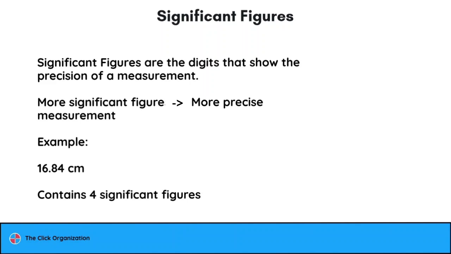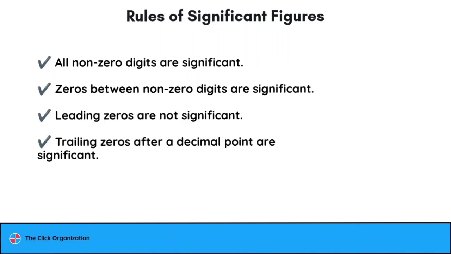Let's look at the basic rules of significant figures. The first: all non-zero digits are significant. Second, zeros between non-zero digits are also significant. Third, leading zeros are not significant, which means zeros before the first non-zero digit are not significant. They only show the position of the decimal point. For example, in 0.0014, those two zeros are not significant because they are leading zeros and they only show the position of the decimal point.